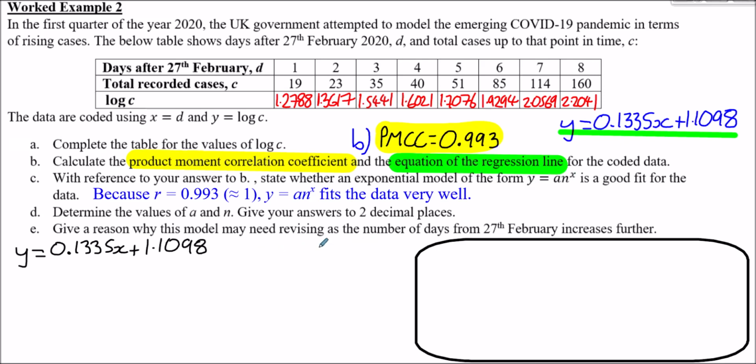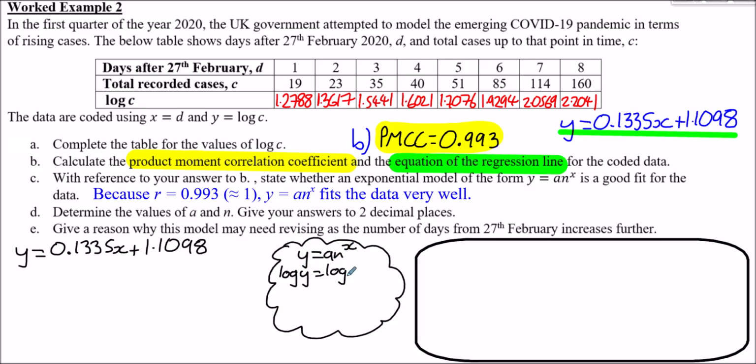Let's see if we can manipulate this slightly. I'm going to put the working over here. This goes back to the first lesson on this topic. We take logs of both sides. So we have log y equals log of a n to the x. So this is the log of a product, log a times n to the x. We can split the log product using the laws of logs into 2 separate logs.